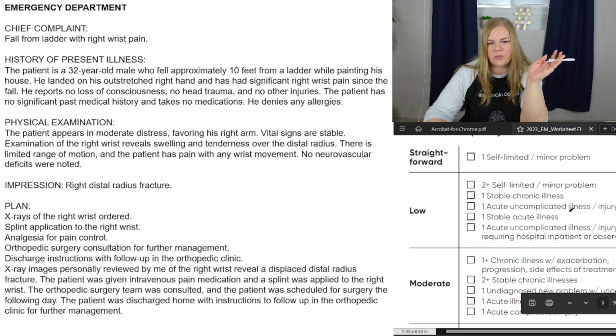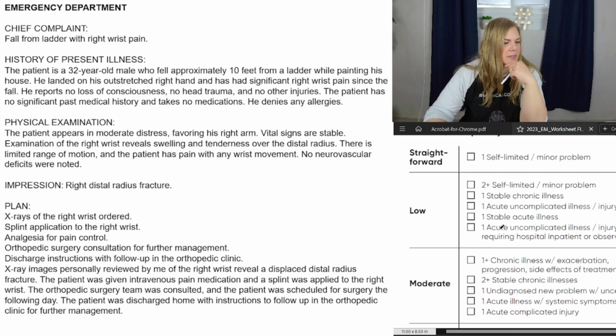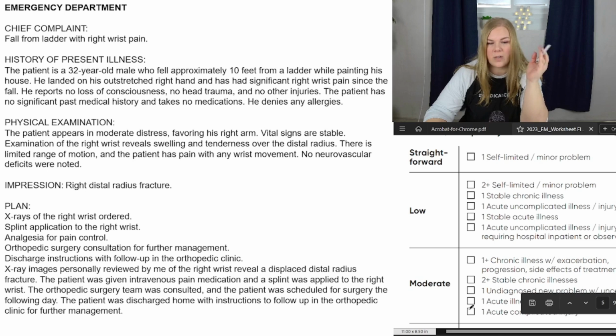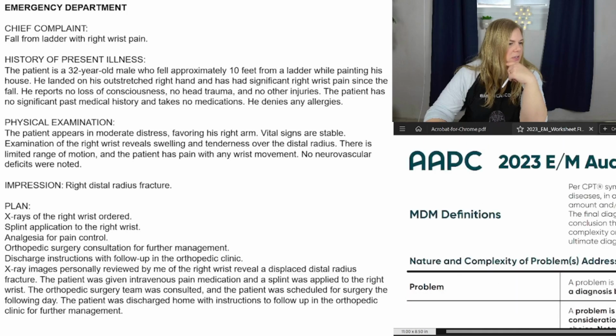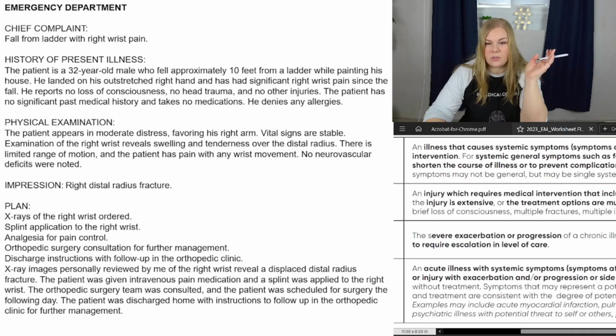So now with this fracture, I think our biggest debate is going to be, are we looking at a stable acute illness or are we looking at a complicated injury? So we might have to go back here and think to ourselves, what is the complicated injury? And I think this one actually does maybe have some definitions here. Let's take a look. So here we have this little definition that the AAPC provides in their audit tool, and I will link that below as well.